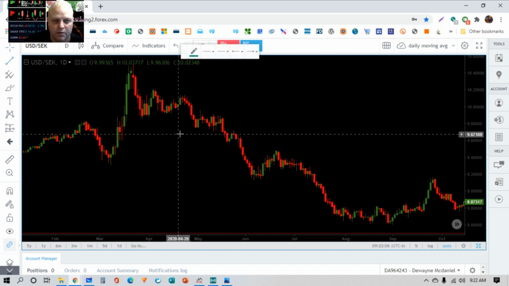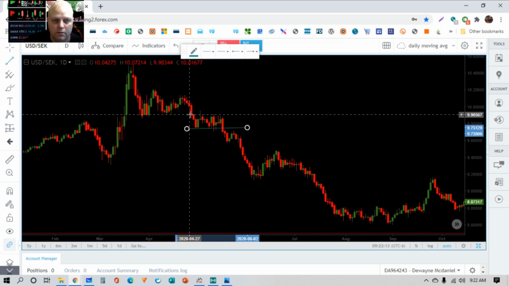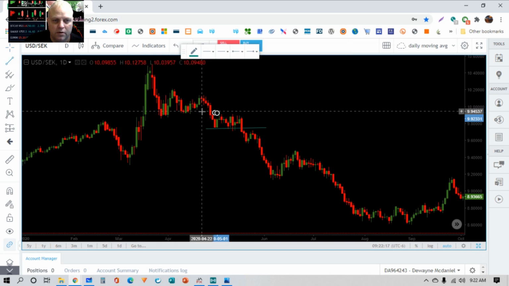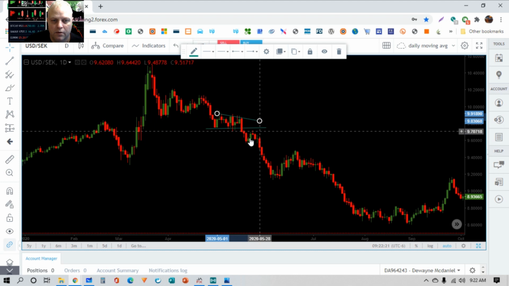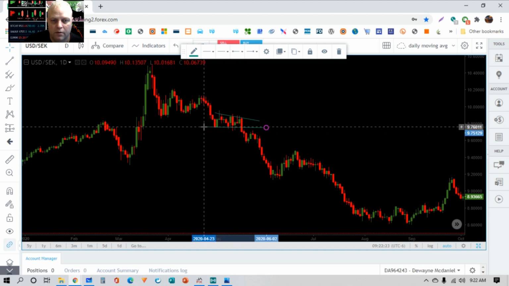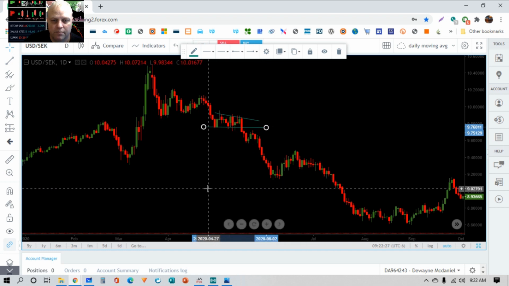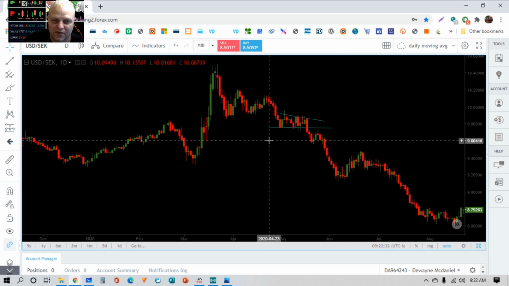I think right here is one. Look at my screen. And so it came down, did it cross, and then break down. That's lucky, because that's the first down one I've seen in a long time.